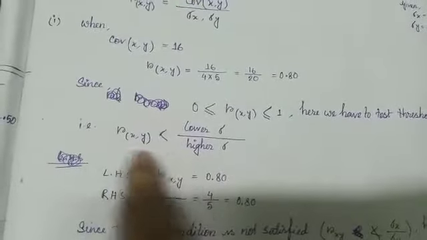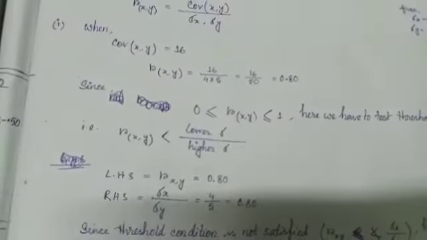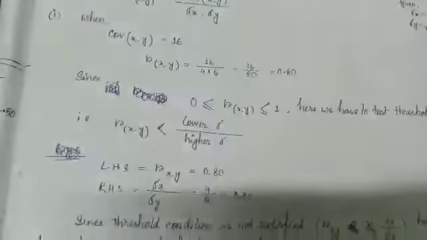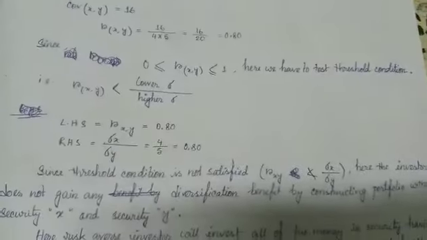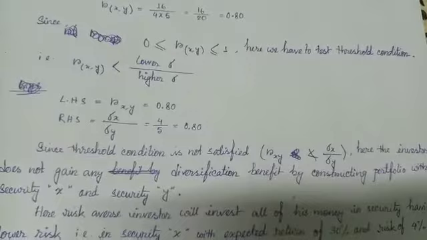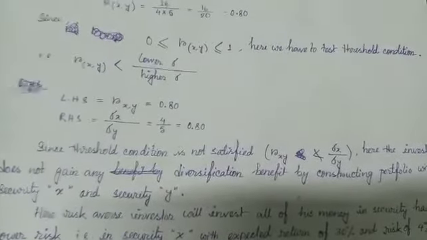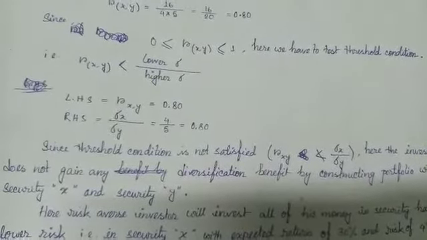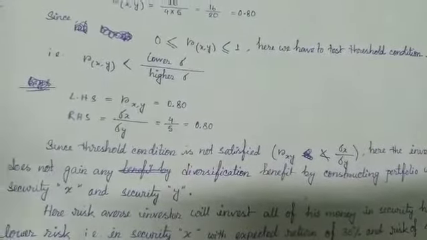So the threshold condition is not satisfied. For satisfying the threshold condition, Rxy should be less than lower sigma by higher sigma, but here this condition is not satisfied. Since the threshold condition is not satisfied, by constructing a portfolio the investors will not gain any diversification benefit.